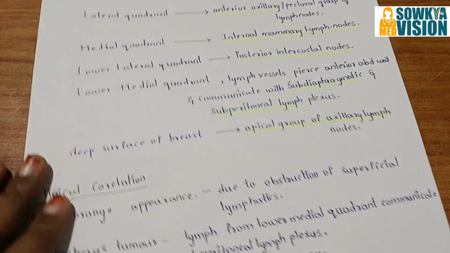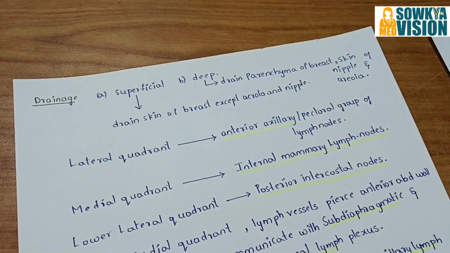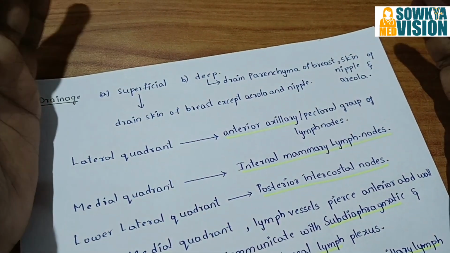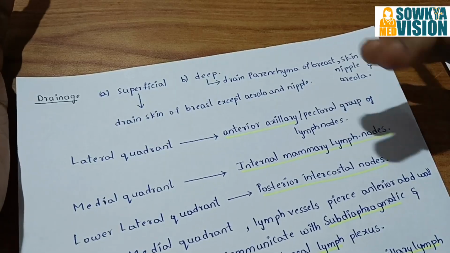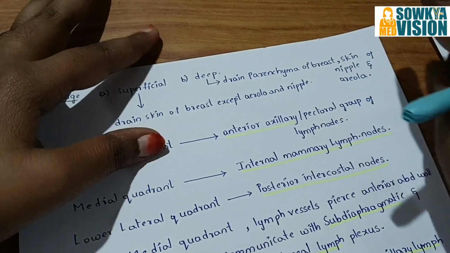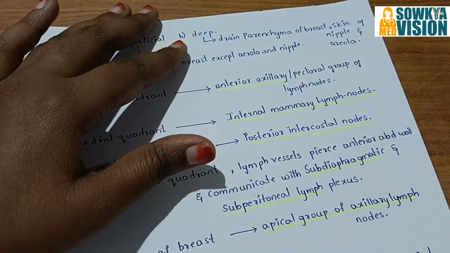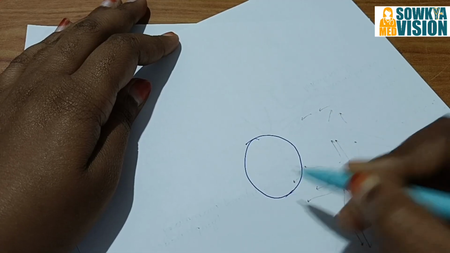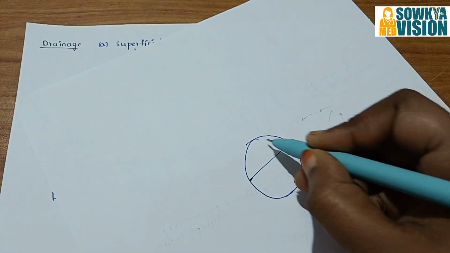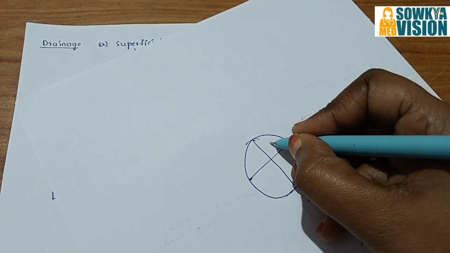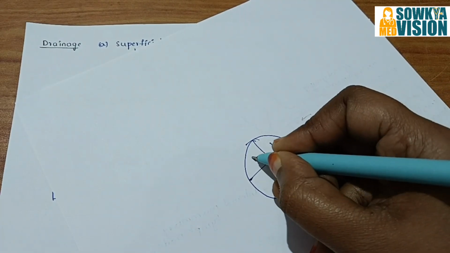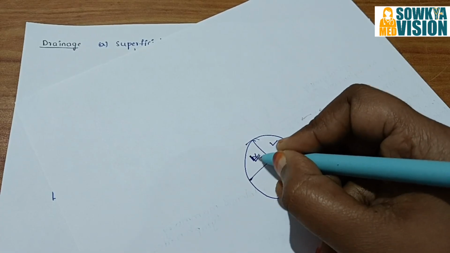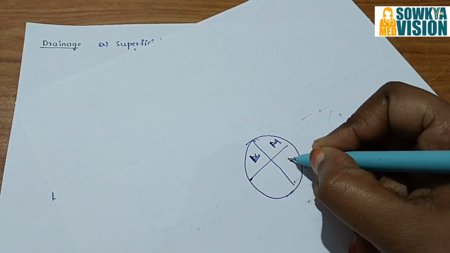Now let's see the drainage part. First of all, we have to divide the complete breast into 4 parts, into 4 quadrants. If this is the breast, we divide it into 4 parts: this will be the lateral and this will be the medial.